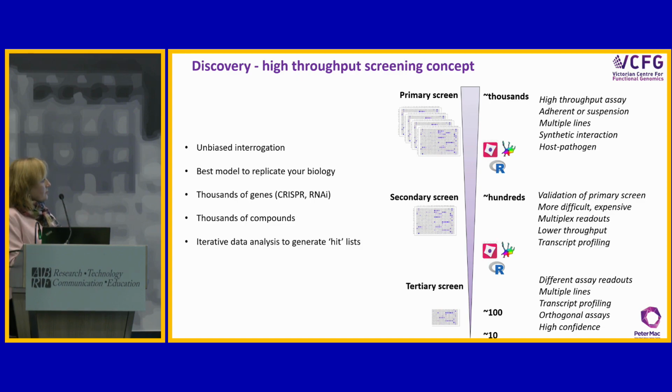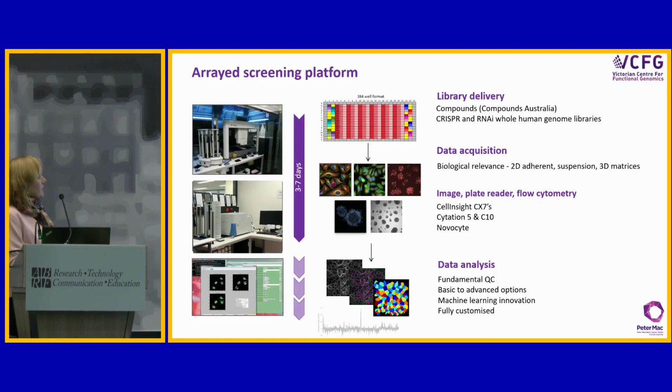When we're down here at the validation point, that could also be the primary point of a starting screen where it's a really complicated, more difficult and expensive screen, or just the point where you're doing lower throughput and smaller numbers of targets for validation. At the bottom here, tertiary screens are usually orthogonal assays, more sophisticated assays where you're working towards getting a high confidence target list. And in practice, it looks like this.